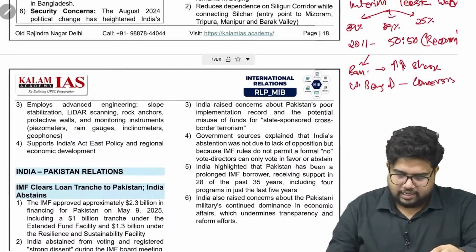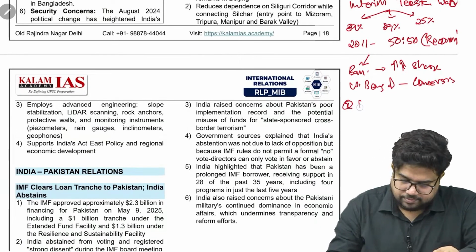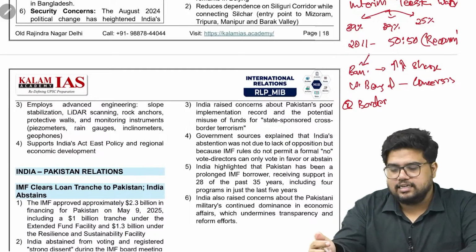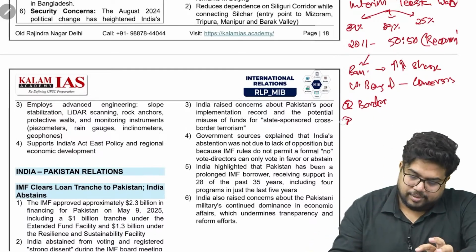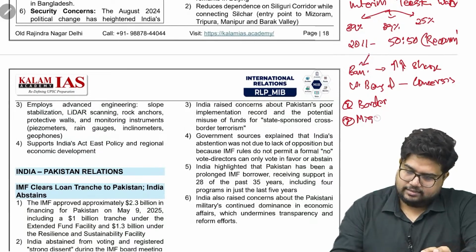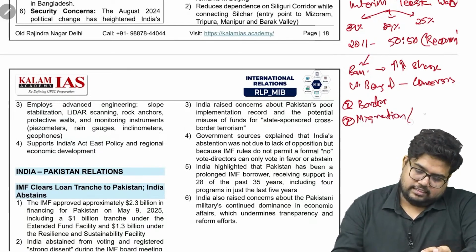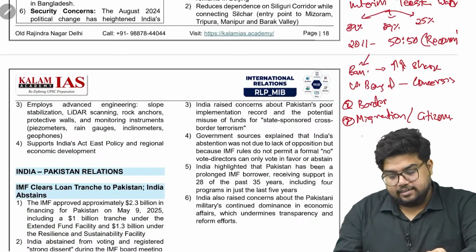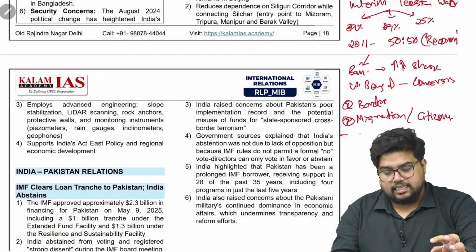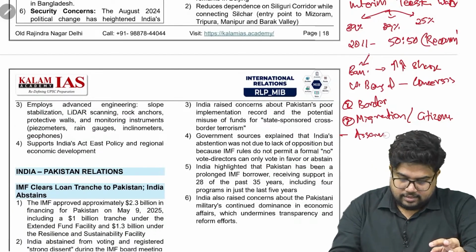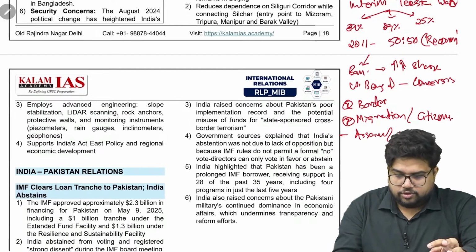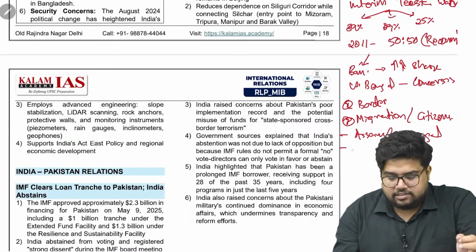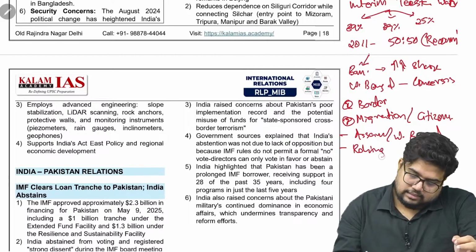Other issues: we have border issues. We have already discussed the security concerns regarding the border. Then the big problem, that is migration and citizenship. This leads to demographic changes happening in Assam, in West Bengal, in other parts of the Northeast. This problem has aggravated with the Rohingya crisis.